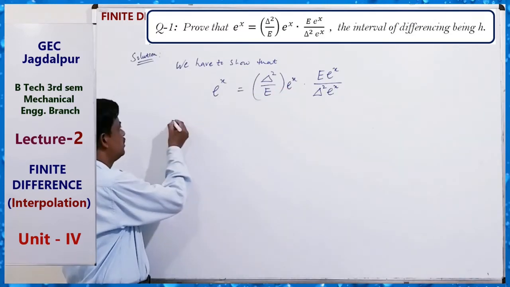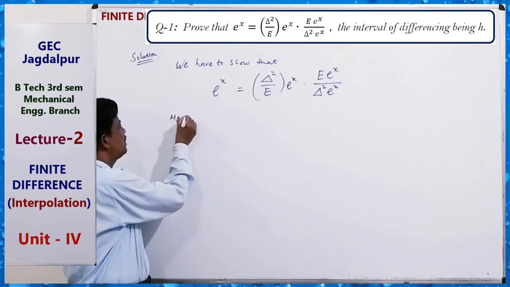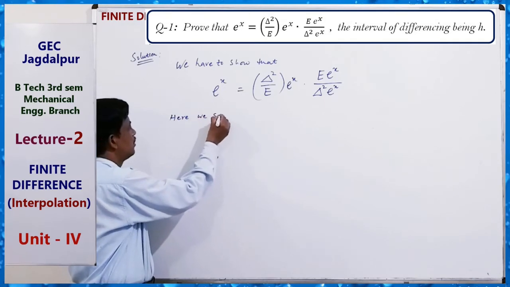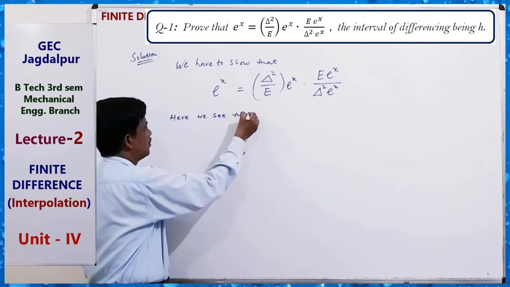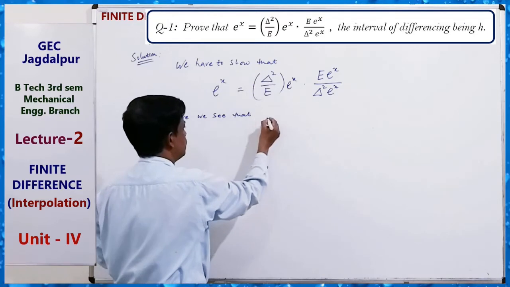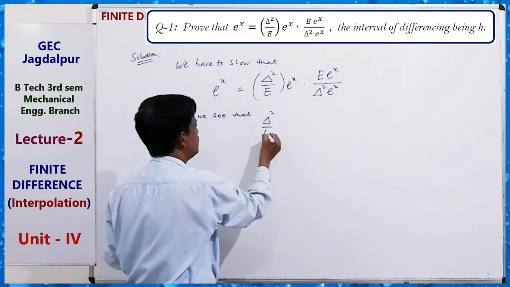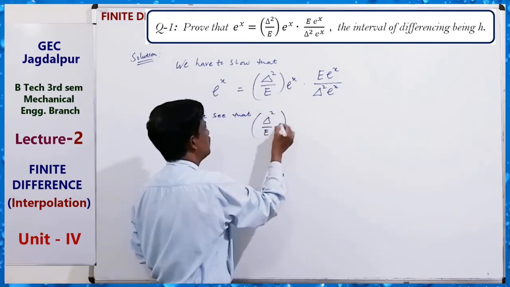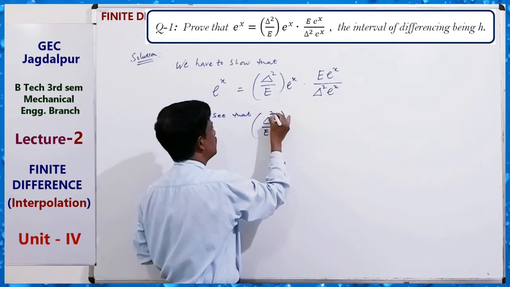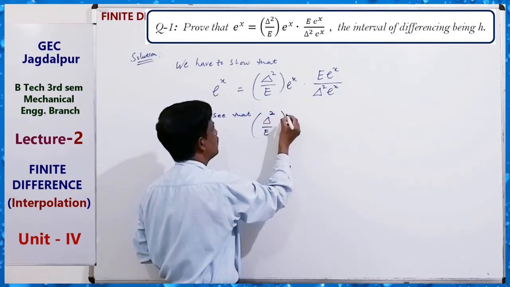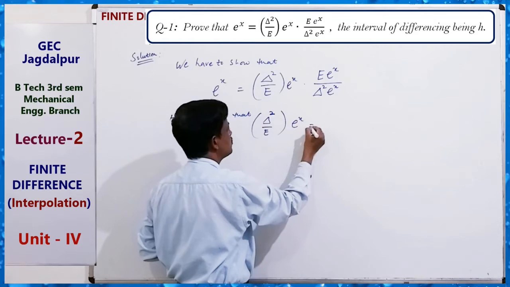So here we see that this is equal to del square upon E, which is equal to what?